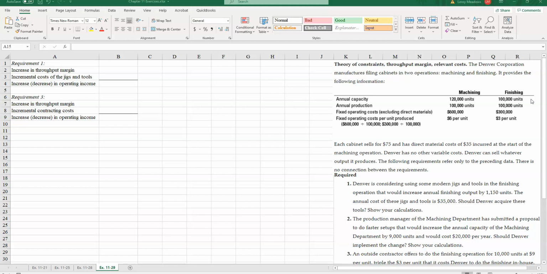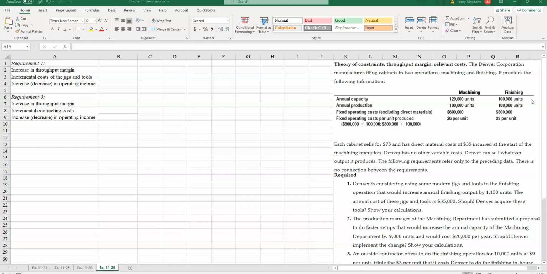The bottleneck is the department with the lowest capacity of output. That can be annual, monthly, per shift, however we want to look at it. But capacity-wise, the department with the least amount of capacity is going to be our bottleneck operation.